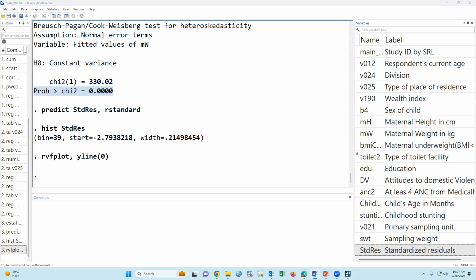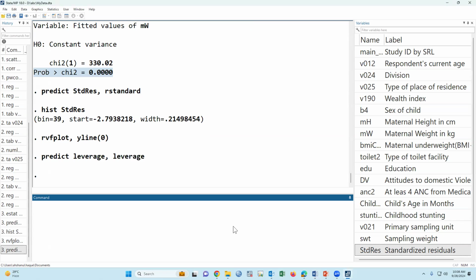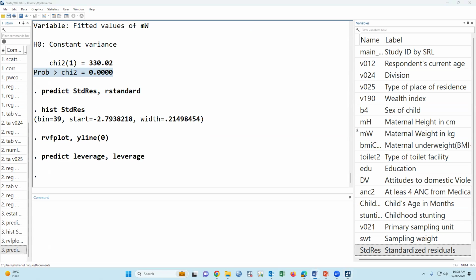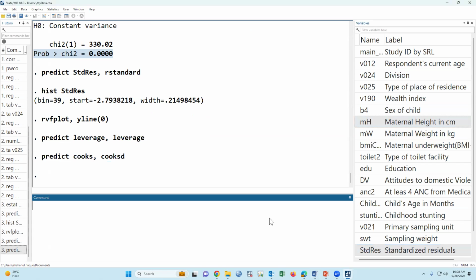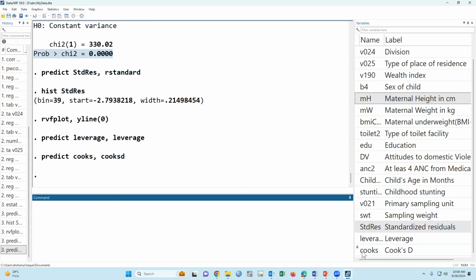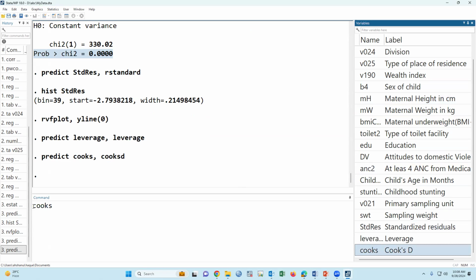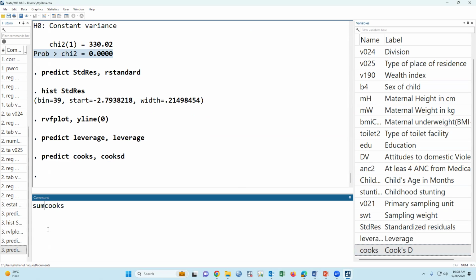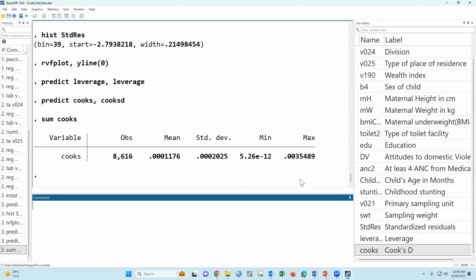Another is leverage value, then Cook's distance. If any value of Cook's distance is greater than 1, then we can say that there is an outlier.